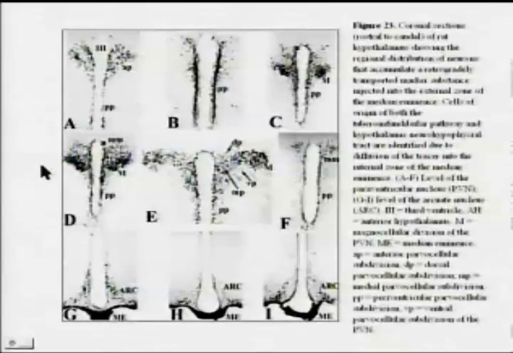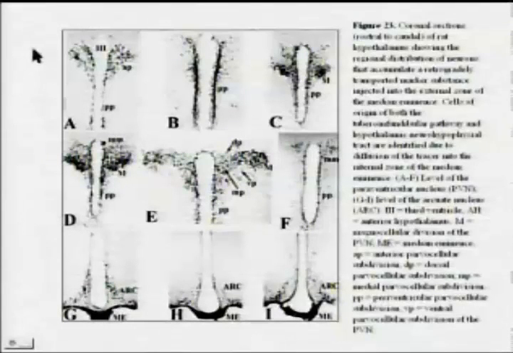But now let's proceed to the discussion of this slide that shows the distribution at the anterior, middle, and posterior levels of the hypothalamus within the range that we just looked at, the different levels of the paraventricular nucleus, and then at the level of the arcuate nucleus or median eminence.